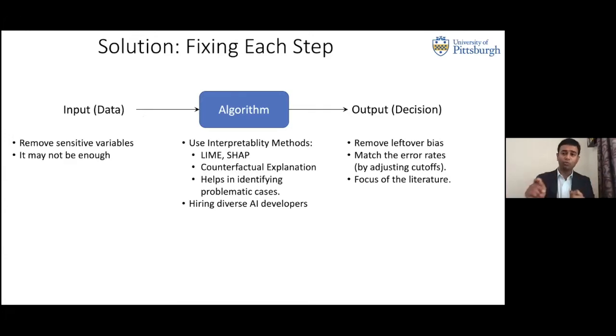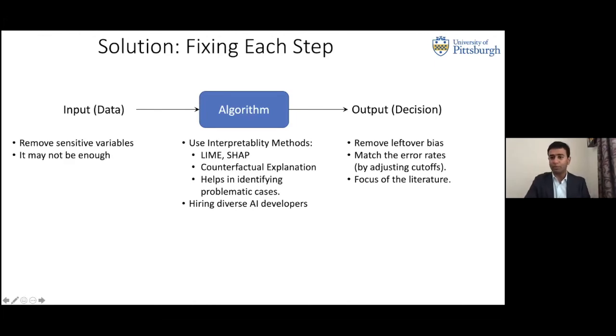Now you choose what error rates to match or what fairness criteria to use. That is where most of the focus of the literature is. Most of the literature focuses on this step. But I wanted to highlight that there are two other steps before that, and we can focus on them also. The deeper you fix the problem, the lesser is the need to fix it at the output level.